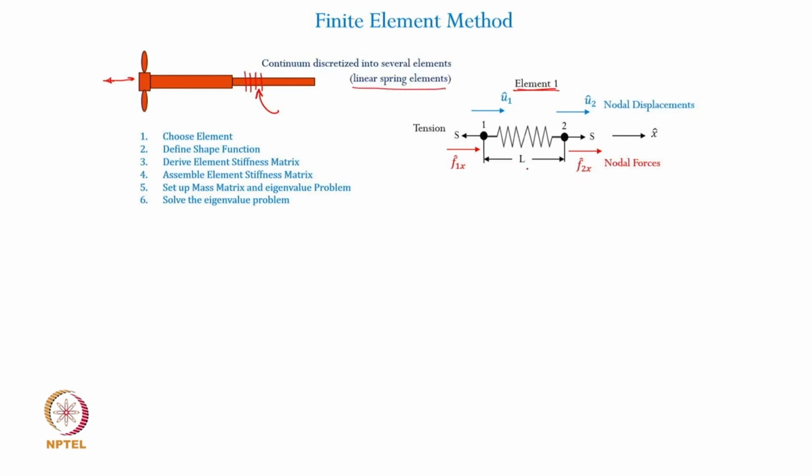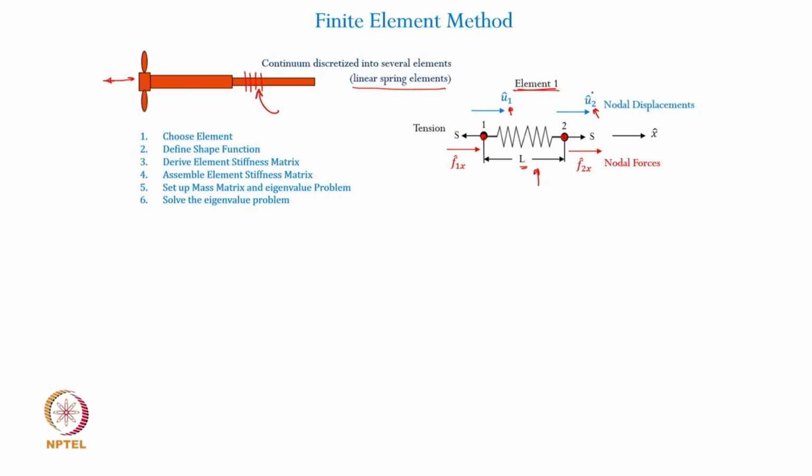That small segment is shown here having a length equal to L. So a finite element has a length L. This is the length of the segment, and the element has two nodes at the two ends, 1 and 2, and we define parameters such as displacements of these nodes as u1 cap and u2 cap. These are the translatory displacements at the two node positions, the ends of this finite element.